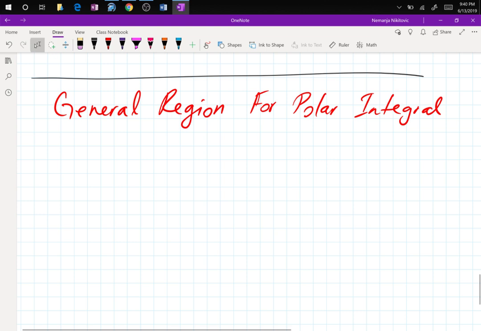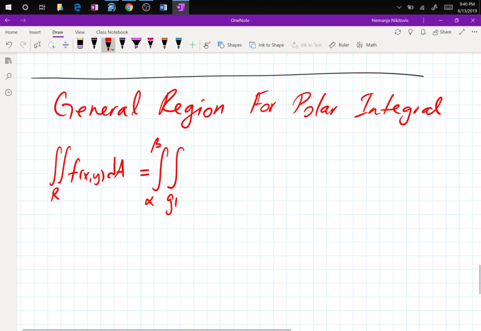So now you're not going to have circles anymore. We're going to say that our double integral over R of some function f of x, y, dA is going to be given by the polar integral from alpha to beta, and here is my g of theta to h of theta, and then the function of r cosine theta, this is your x coordinate, and r sine theta for the y coordinate, and you have to have your extra r, dr d theta. That doesn't change ever.